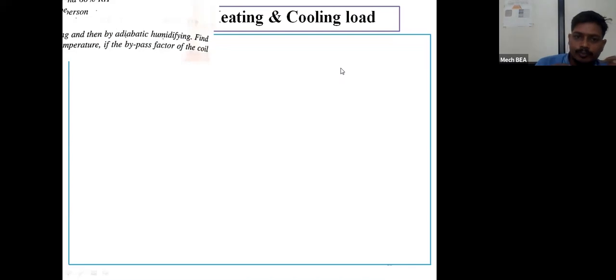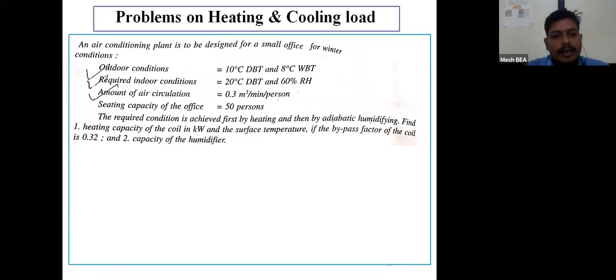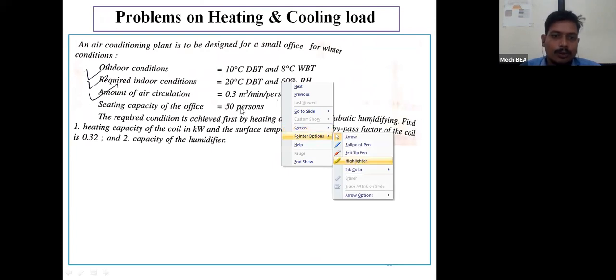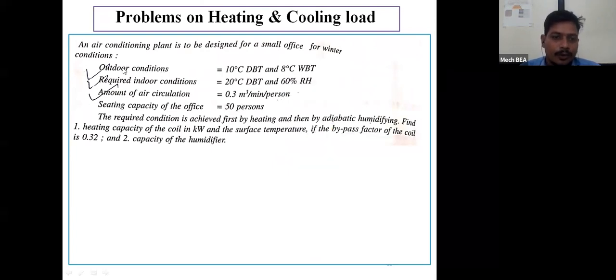The statement of the first numerical is: an air conditioning plant is to be designed for a small office for winter condition. So there is one small office, and we have to design the air conditioning system for the winter condition. Here they have mentioned the outdoor conditions, meaning the atmospheric conditions.